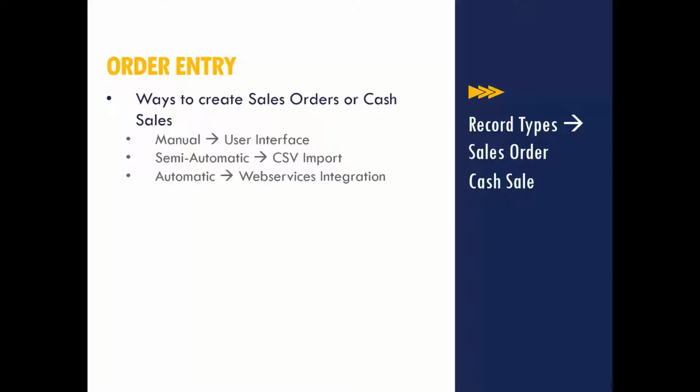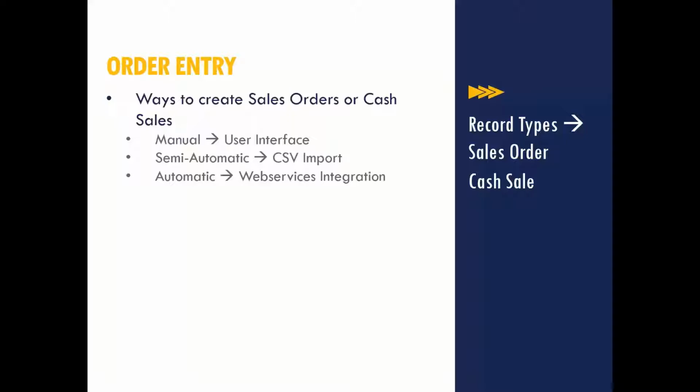anything that's important in that sales order. Another way to get sales orders or cash sales into the system is a semi-automatic method through a CSV import. So in this option, you basically would create an Excel file and save it as a CSV format. And in that file, you have all of the pertinent information.